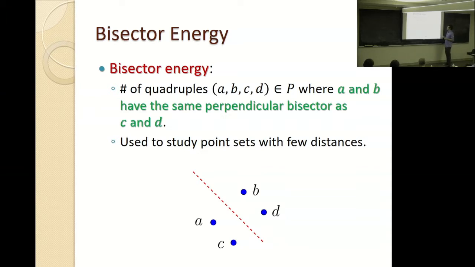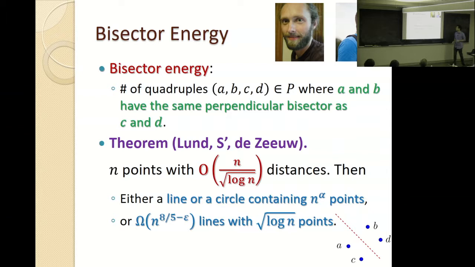And now we're asking the perpendicular bisector of A and B, which is a line, to be the same line as the perpendicular bisector of C and D. So it's another type of geometric energy, right? You want to have the same perpendicular bisector now. And we use this to study sets with few distances. For example, by getting bounds for bisector energy, so I should say this was a work with Ben Lund and Frank Lejeune, also in the audience here.